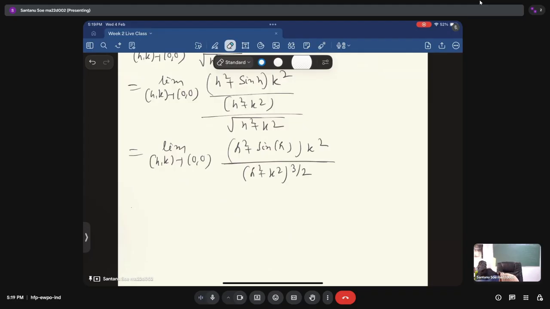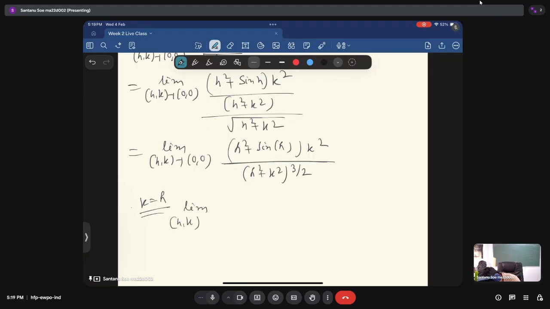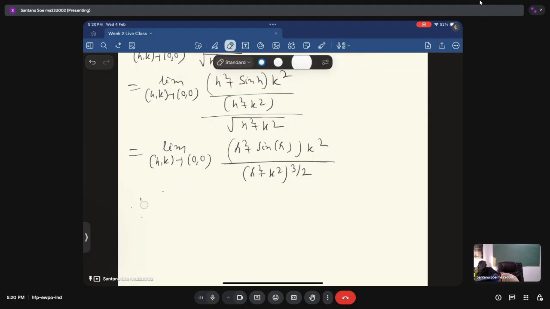So for that, we're going to choose this path, k equals h, or maybe we can take k equals mh and try to see what's going on.